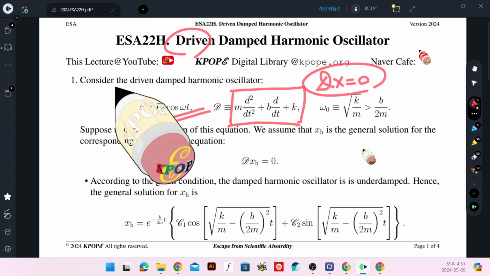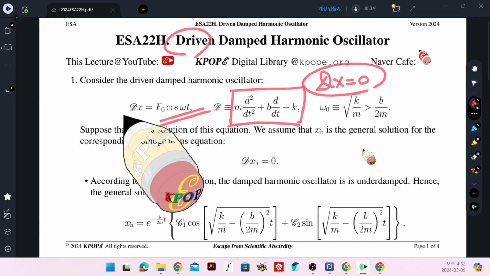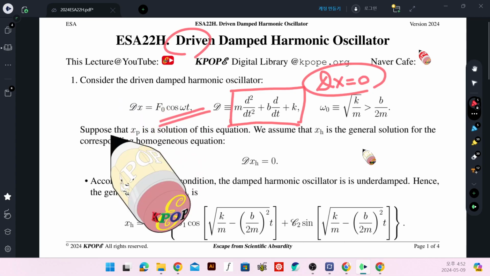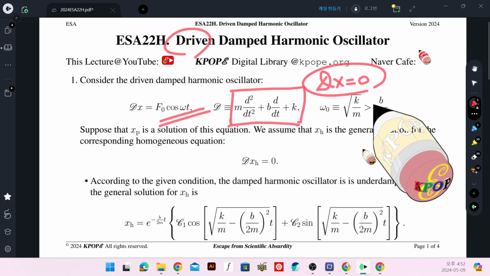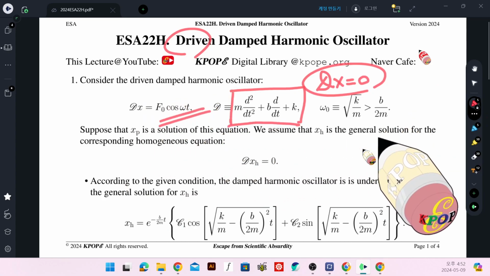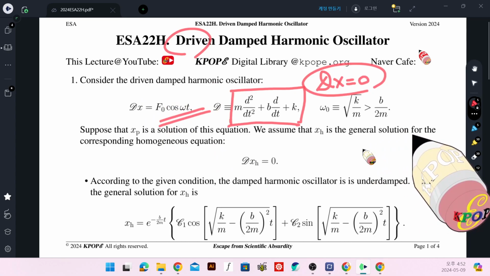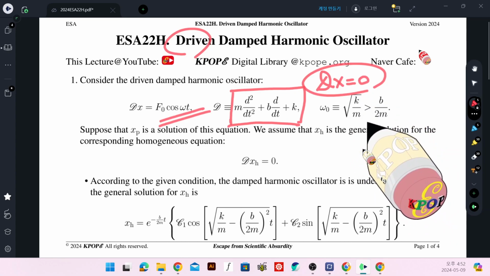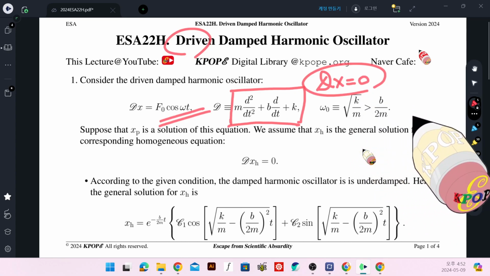And we focus on the driving force applied to a damped harmonic oscillator whose parameters satisfy underdamped motion. That means the square root of k over m is greater than b over 2m.